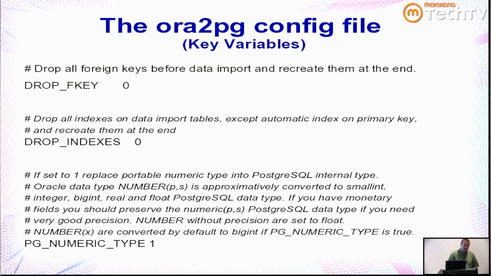We found that in 99% of the cases, I think there were 3 instances out of about 1,500 tables where we had to come back and modify what ora2pg had selected based on that criteria. In our case, there were a couple of numbers that should have been big ints that it actually converted to integers. We ran into some issues with that.